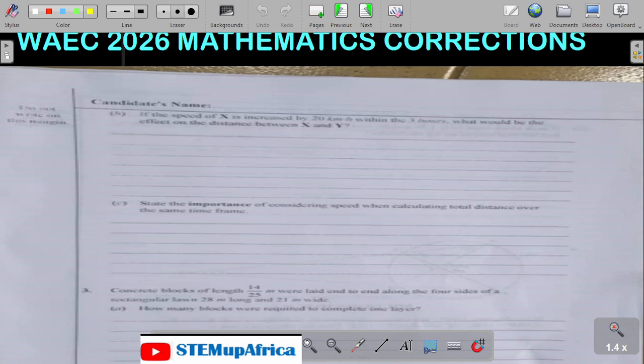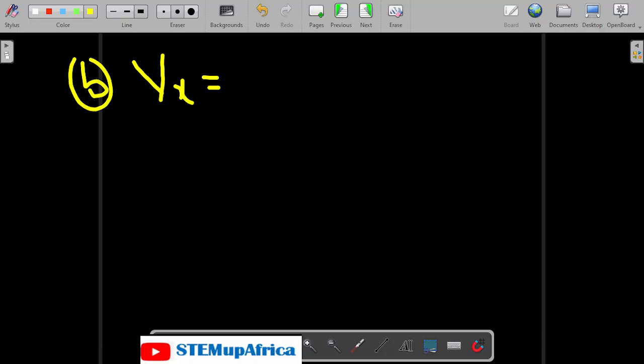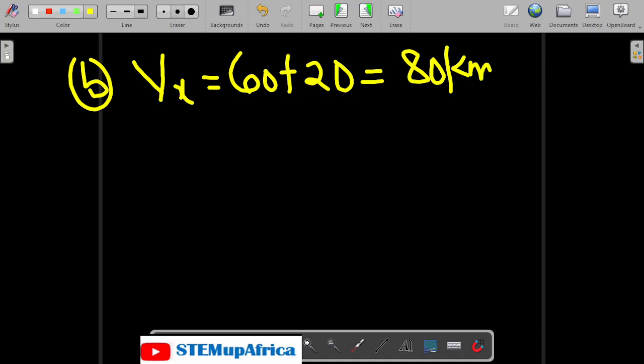Now, B says, if the speed of X is increased by 20 kilometers per hour. X started with 60 kilometers per hour, so the speed of X now will be 60 plus 20. That will give us 80 kilometers per hour.